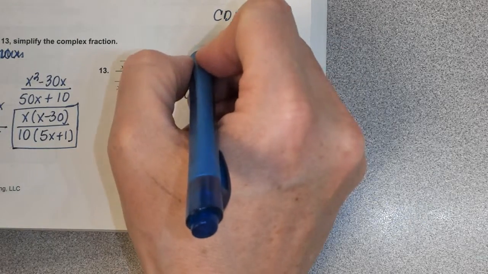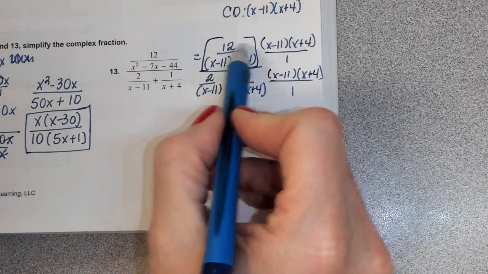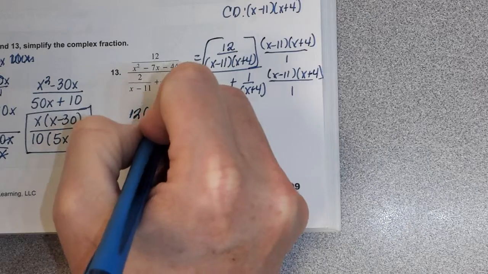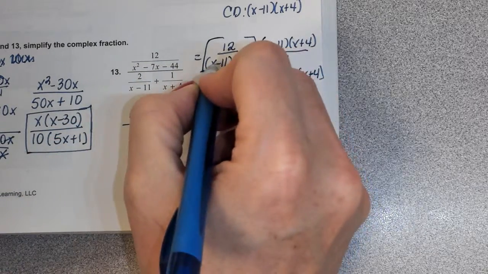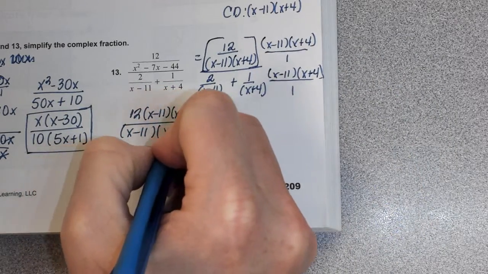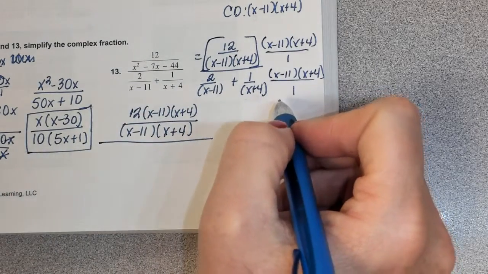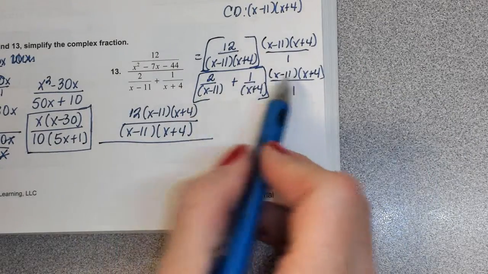So when I multiply the numerator, I'm going to multiply straight across on the top, and I would have 12 times x minus 11 times x plus 4 over, multiply straight across on the bottom, x minus 11 times x plus 4. On the denominator, multiply each term straight across.